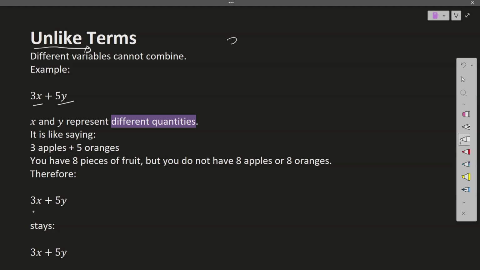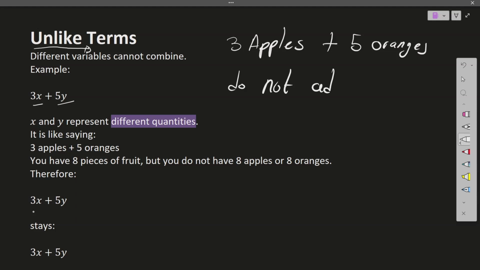we had 3 apples plus 5 oranges. They do not add.